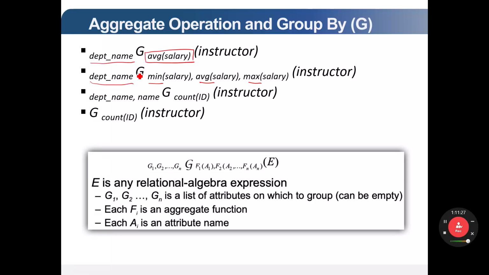Usually we have just one attribute, but sometimes you may have multiple attributes separated by commas. And it is even possible to have no attribute at all. If you don't have any attribute on the left side, then it performs this aggregate function for all records, so it is going to return just a single scalar number. So this G count ID instructor will just count how many IDs exist in the current instructor table without any group.